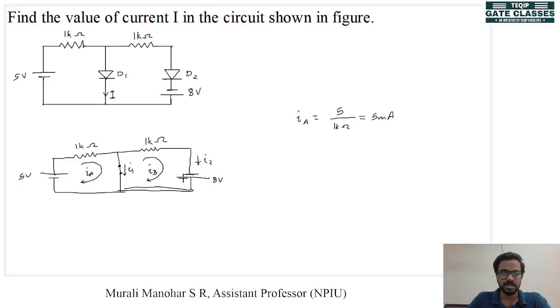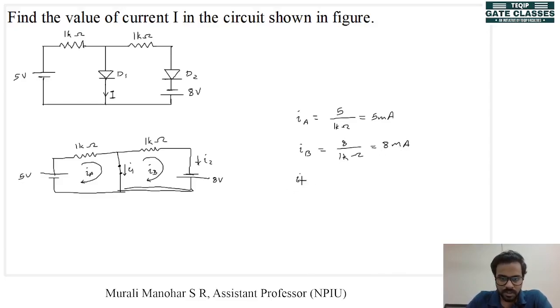In the second mesh, we can find IB as 8 volt divided by 1 kilo ohm, that is 8 milliampere. So we have found the value of IA as 5 milliampere and IB as 8 milliampere. Now we can find out the value of I1 and I2.